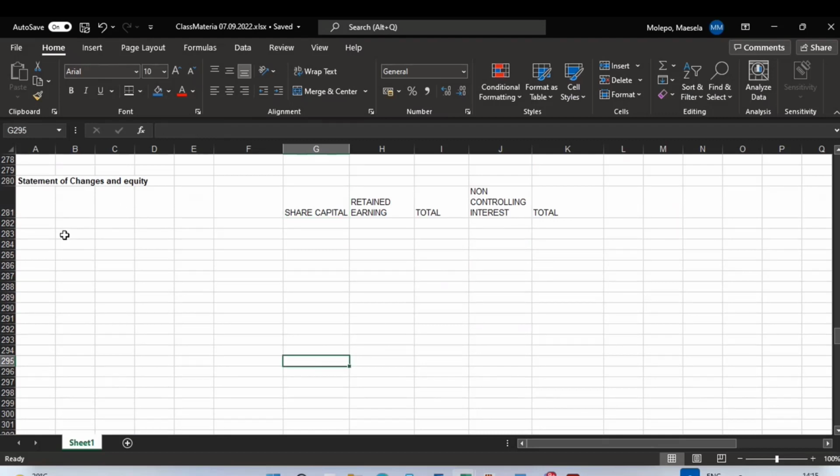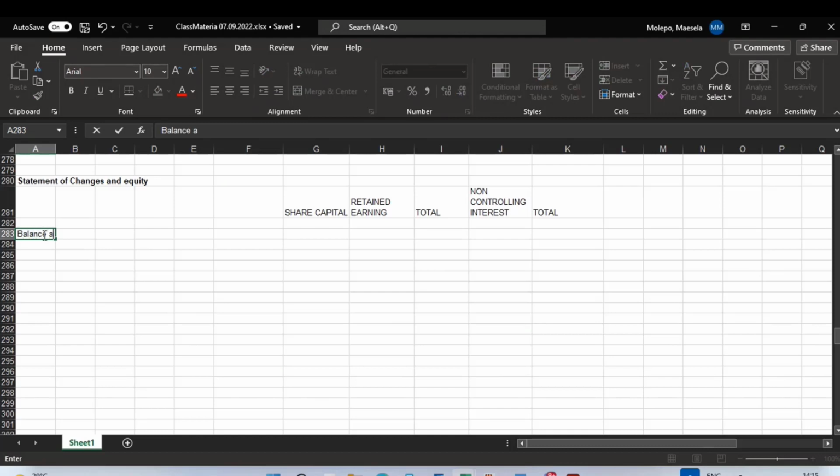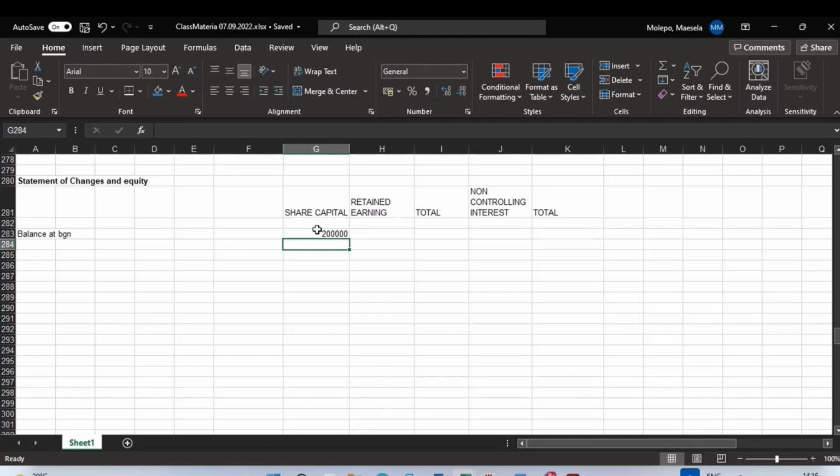Then we have balance at the beginning. Our balance at the beginning for parent is 200,000, right? As from the pre-adjustment trial balance. Yes, sir. Okay, hold on.